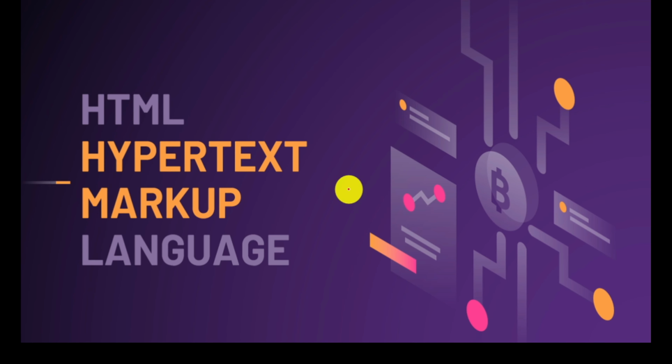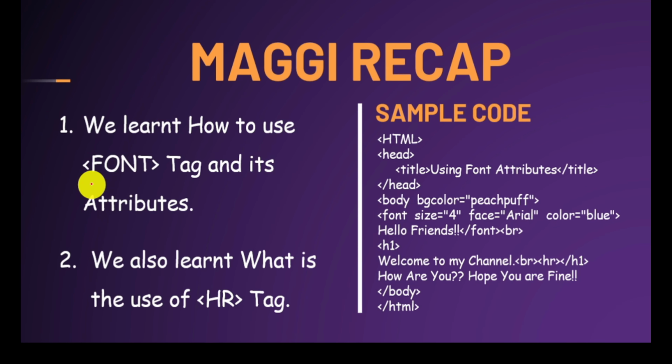We learned how to use the font tag and its attributes, and also the bonus tip I gave, the HR tag. With the HR tag we can insert a line after a text. The font attributes are size, color, and face.